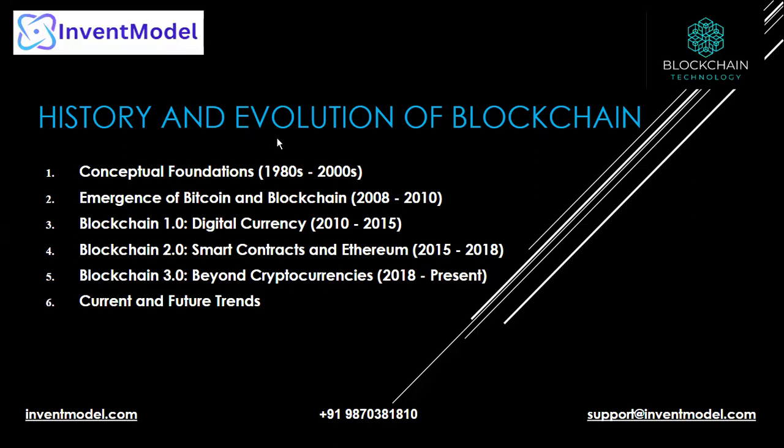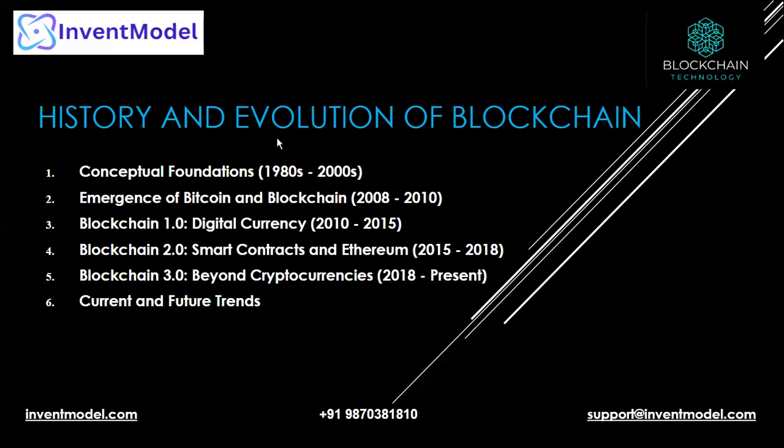So, first point is enterprise blockchain solutions. Corporations and industries began using blockchain for various use cases beyond finance, including supply chain transparency, healthcare, real estate, voting systems, and digital identities. Companies like IBM, Microsoft, and Hyperledger started offering blockchain as a service, allowing businesses to easily integrate blockchain technology.